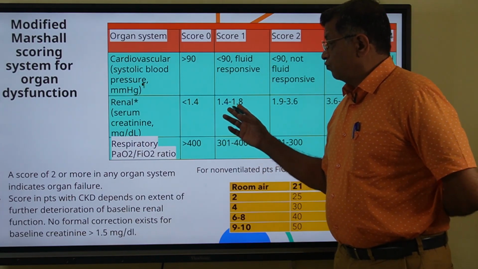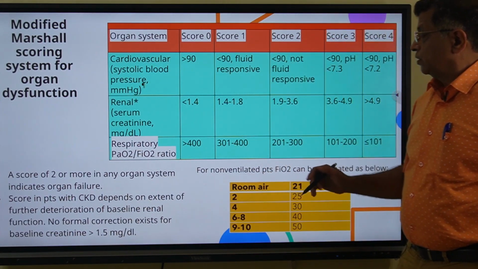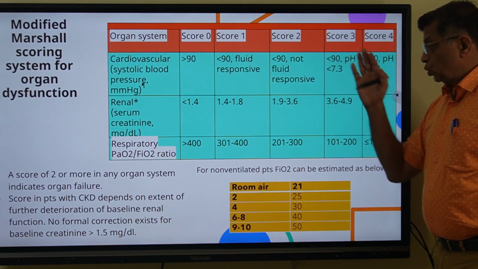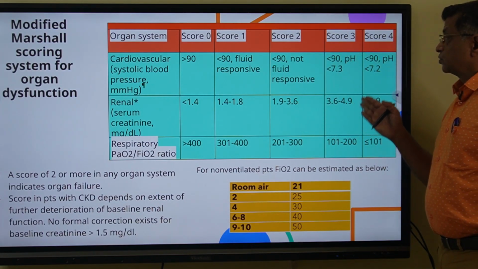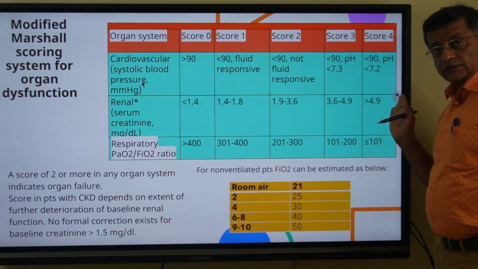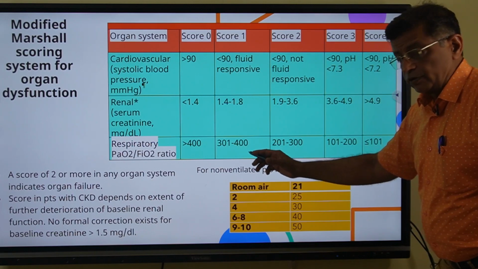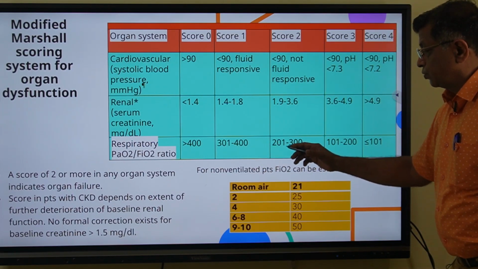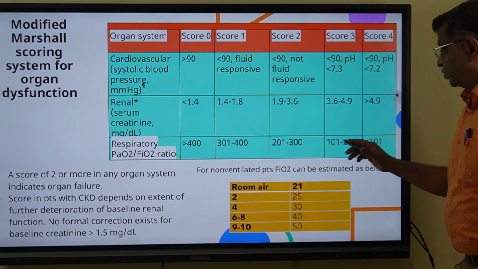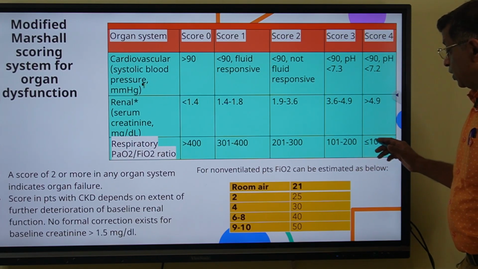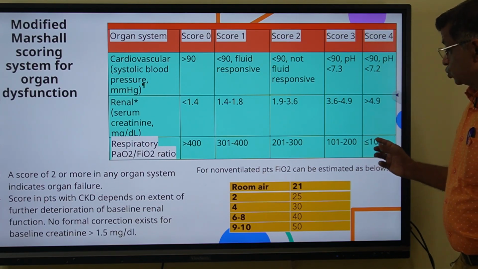Similarly, if creatinine 1.4 to 1.8, score 1; 1.9 to 3.6, score 2; 3.6 to 4.9, score 3; and more than 4.9, score 4. PF ratio 301 to 400, score 1; 201 to 300, score 2; 101 to 200, score 3; and less than 101, score 4.